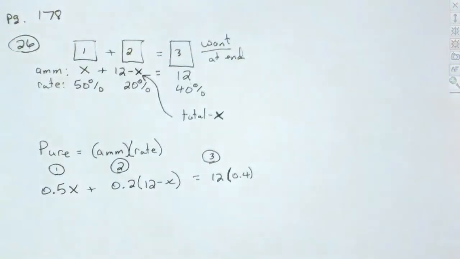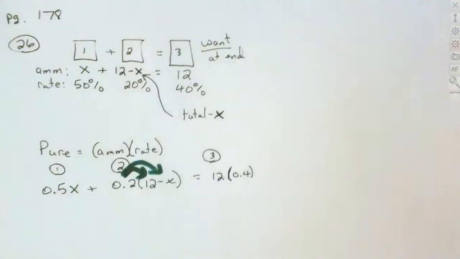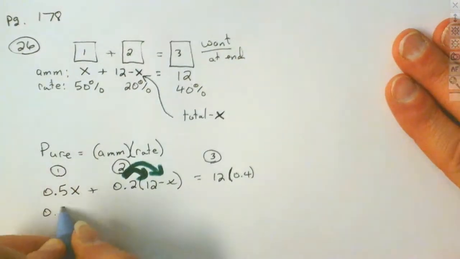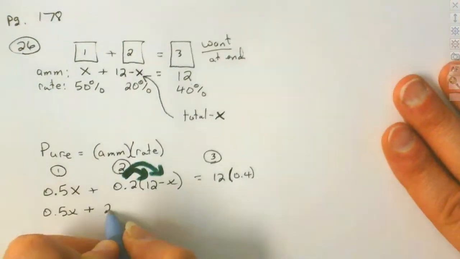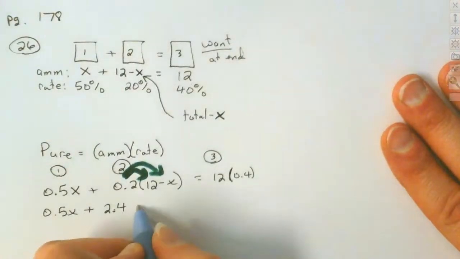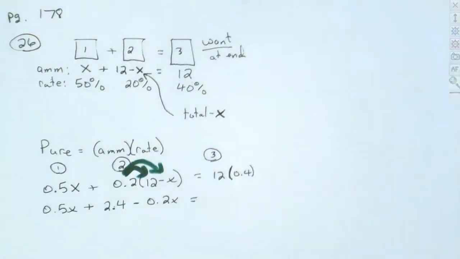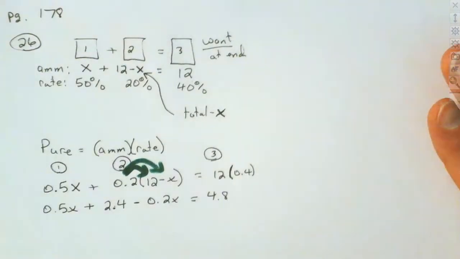Now we can solve it, right? Shouldn't have any trouble from here. Normally students, once they get to this point, can solve it. It's getting to this point and setting it up. That's where we struggle. So that is then 0.5x plus 12 times 0.2, so that's 2.4, minus 0.2x, and that equals now 12 times 0.4, which is 4.8.